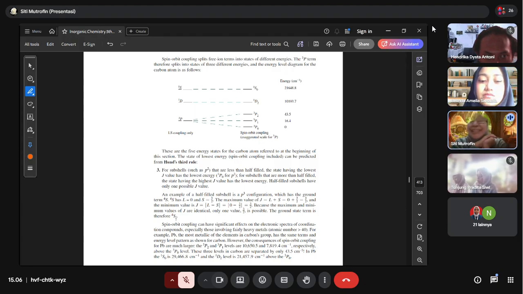You don't understand it. You said you understand already. For subshells such as p2 that are less than half filled, when you were learning about the electronic configuration in maybe senior high school, your teacher told you about the orbital and the shell.